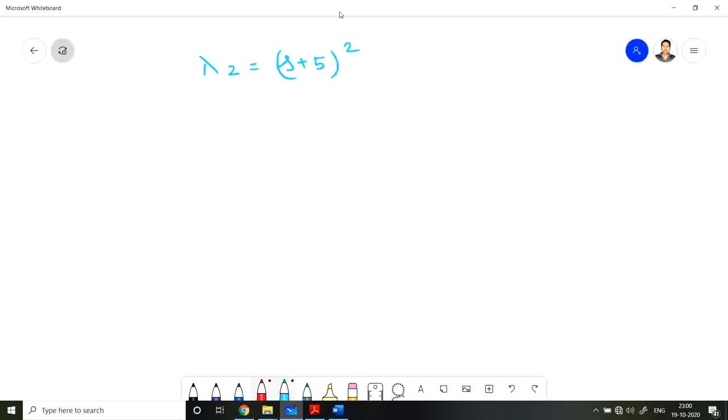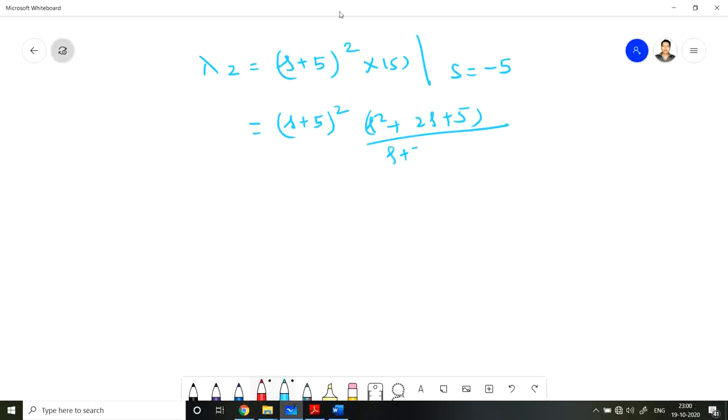So it is (s plus 5) whole square multiplied by X(s) at s equals minus 5. What is X(s)? It is (s square plus 2s plus 5) divided by (s plus 3)(s plus 5) whole square, and it cancels out.